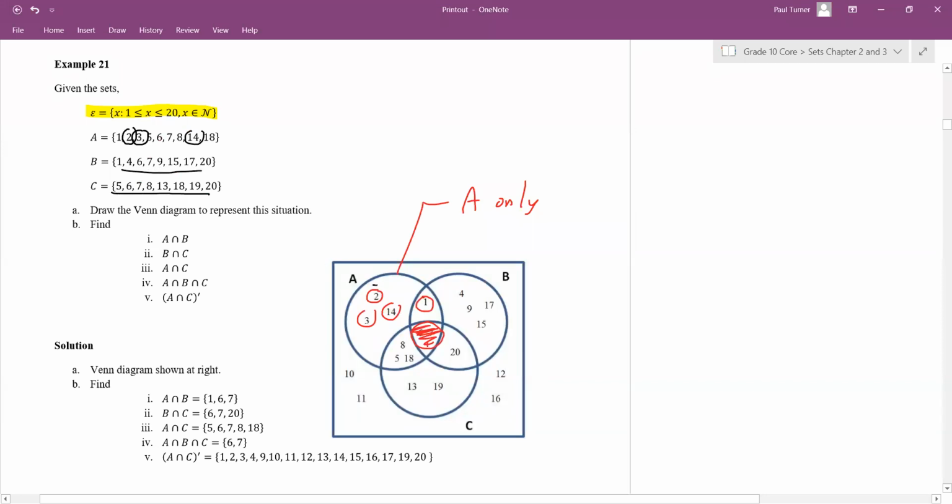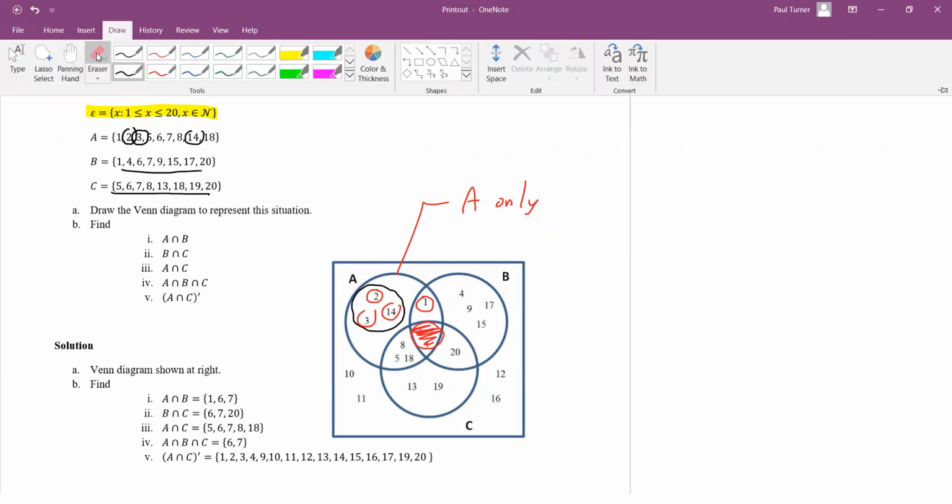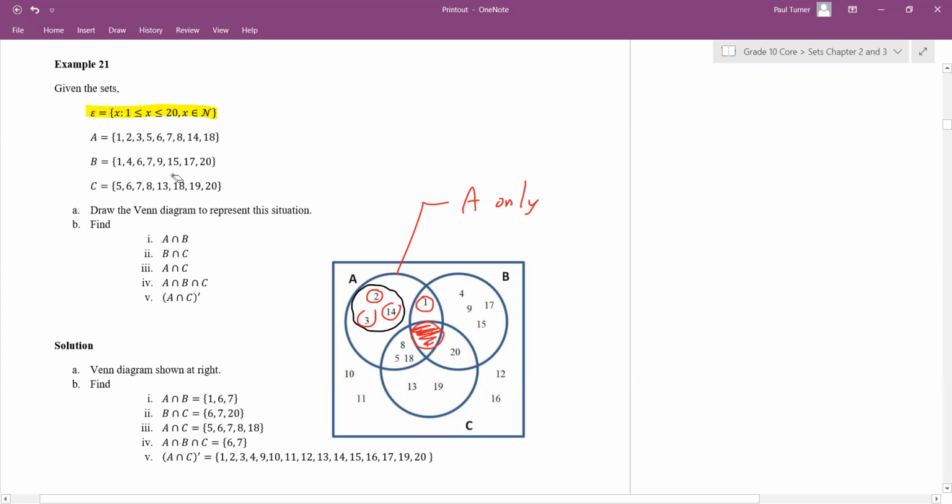So that means they're in A only, 2, 3, and 14 in that section. And the same for all the other numbers here. So the point is, if you can fill in this Venn diagram, like shown in the example here, you'll be able to answer all of these problems, all right? But I'll go through that again tomorrow a bit more fully.